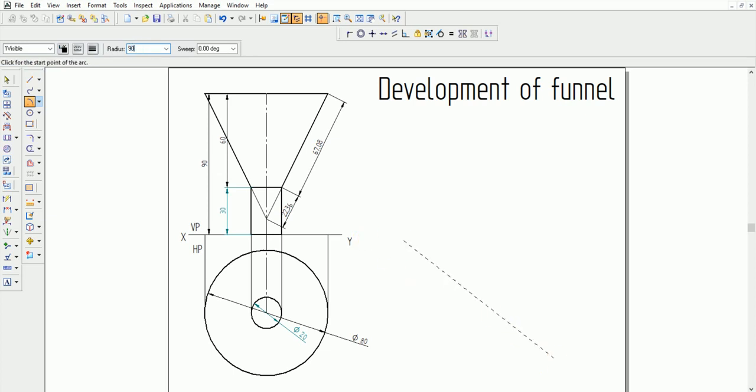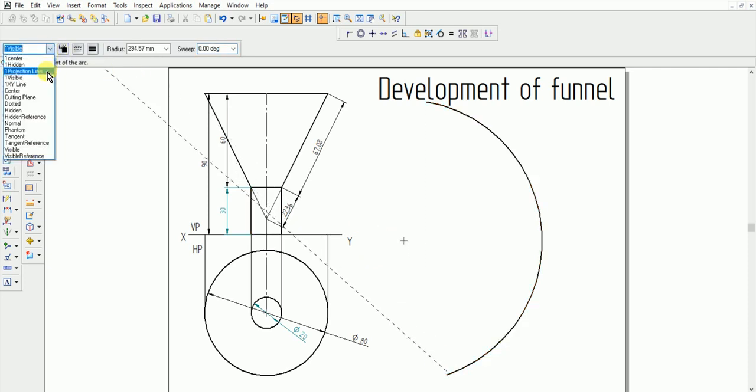The length is given to be 90 mm, up till here. Now one thing we need to note here is, how do we know up to what distance, or what should be the sweep of this particular arc? Now what we can do is, let us draw a reference line.